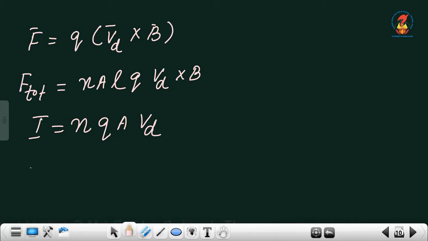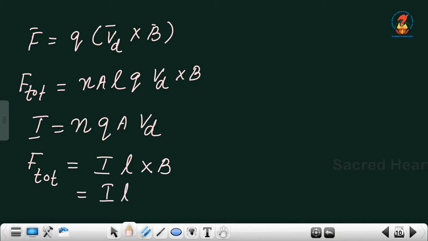Our equation becomes, instead of n A q Vd, the total force experienced by the conductor is I L cross B. Or we can write this as F = I L B sin theta, where theta is the angle between the length L and magnetic field B.